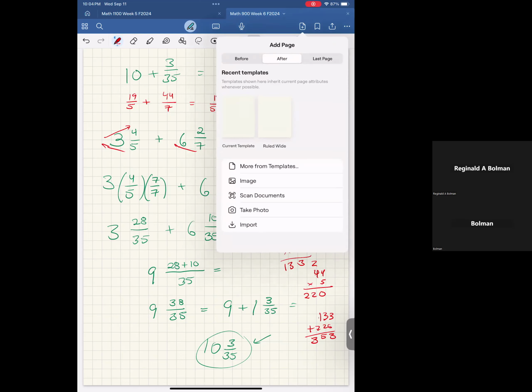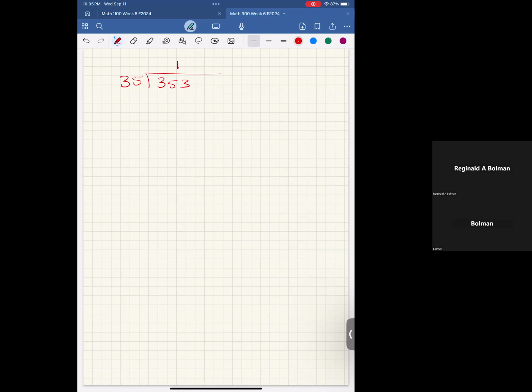It's not too bad. We can do 35 into 353. You basically have to guess how many times 35 goes into 35. Of course, it only goes once. 1 times 35 is 35. You're going to subtract, you get 0, and have a 3 remaining. 35 doesn't go any times into 3, so you would, in fact, get a 3 remainder.